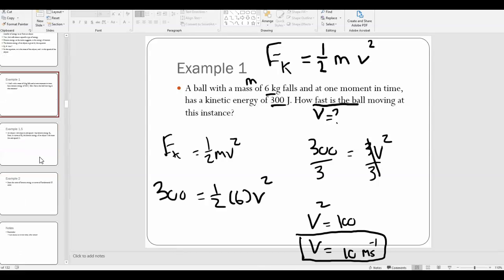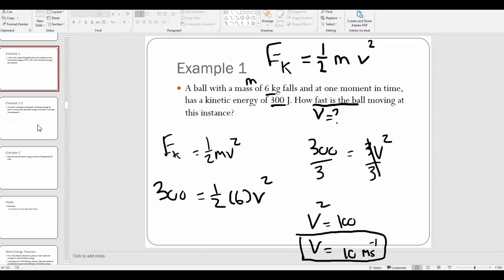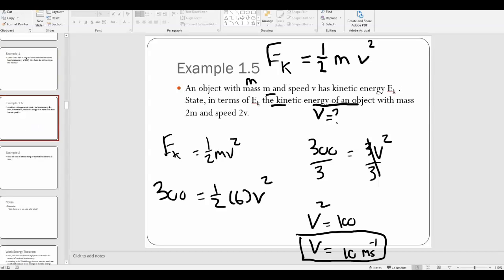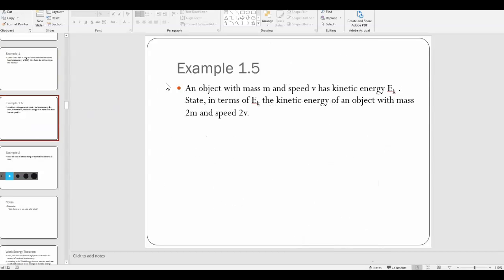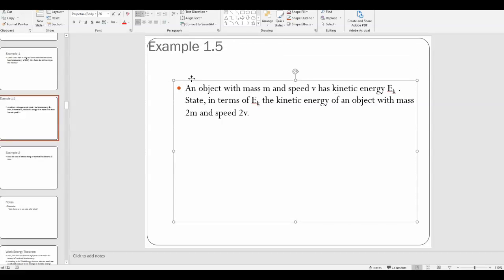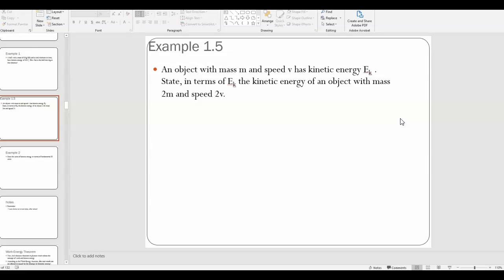Let's do another one or two little baby calculations with kinetic energy, and then we'll go back to the work energy theorem. Example 1.5 says an object with mass m and speed v has kinetic energy Ek. State in terms of Ek the kinetic energy of an object with mass 2m and speed 2v.